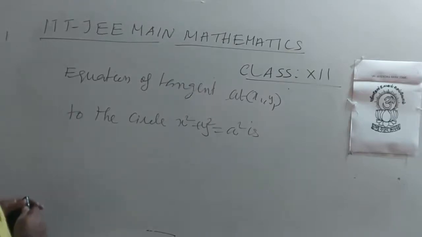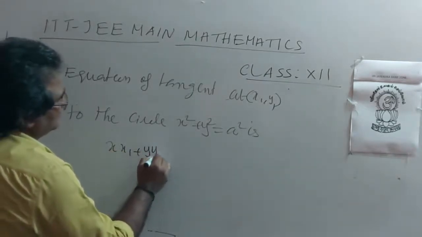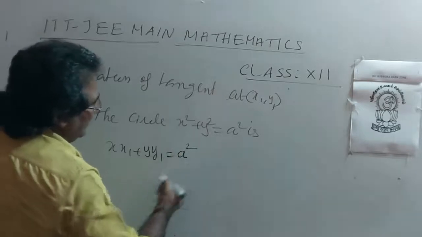Equation of tangent at x1 comma y1 to a circle x square plus y squared equal to a squared is x x1 plus y y1 equal to a squared.